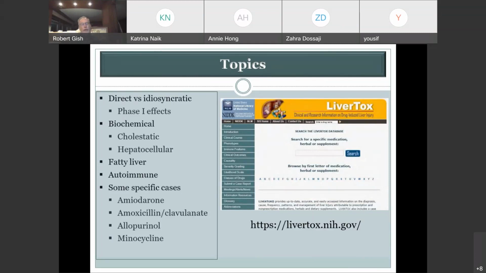So I haven't seen an amiodarone liver toxicity case in, I would say, 15 years. Augmentin I see every year. Allopurinol is interesting because it causes a granulomatous hepatitis. So that's very different. There's only a few drugs in that class. Minocycline can cause a mix, it can cause a cholestatic, and it can also cause a fatty liver type picture.